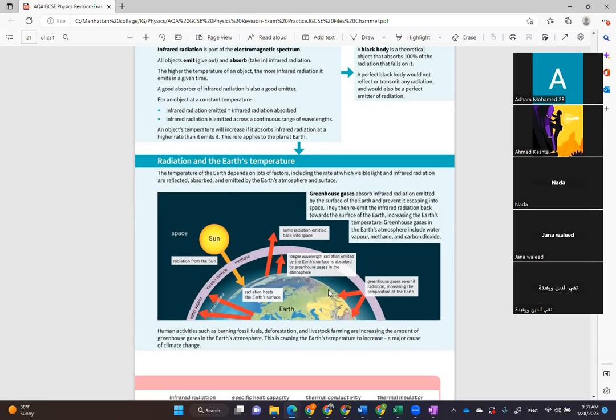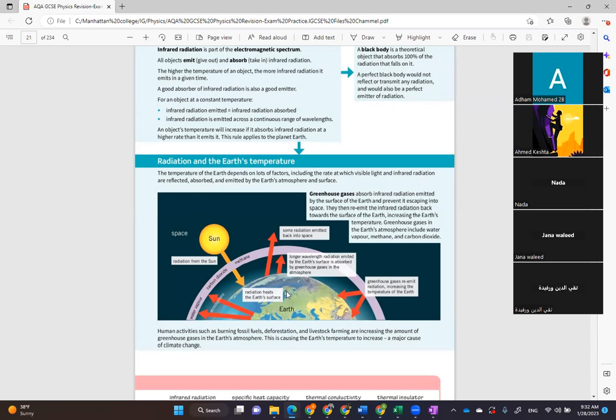The greenhouse gases absorb infrared radiation, a specific type of electromagnetic radiation, emitted by the surface of the Earth and prevent this radiation from escaping into space, and then re-emit the infrared radiation back toward the surface of the Earth, increasing the Earth's temperature.